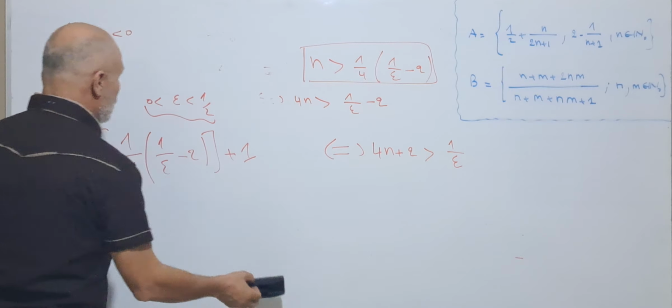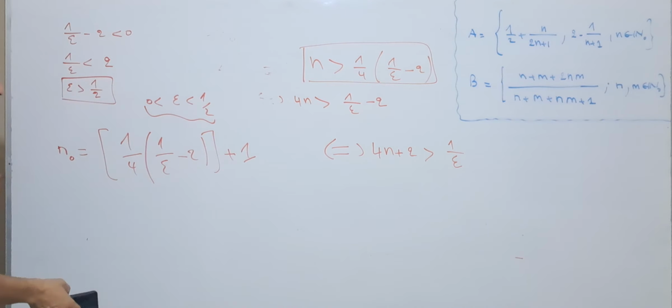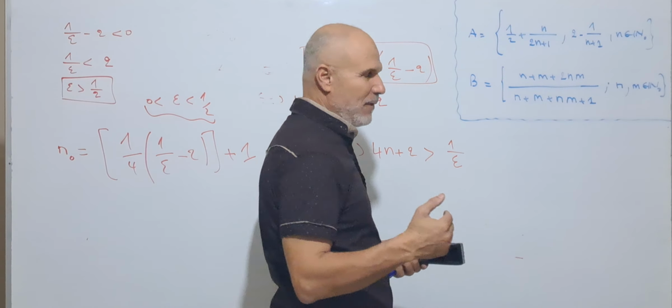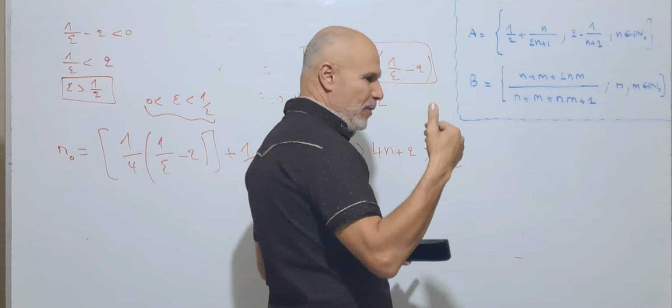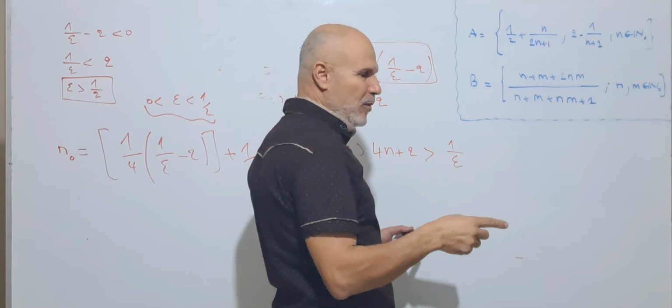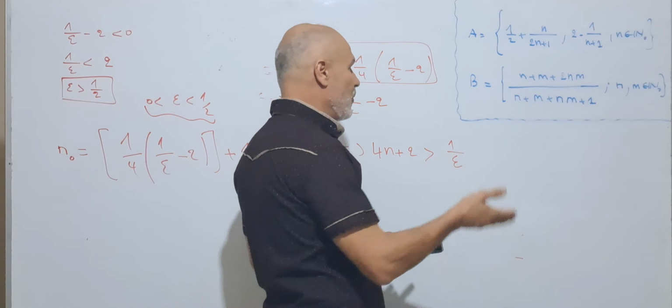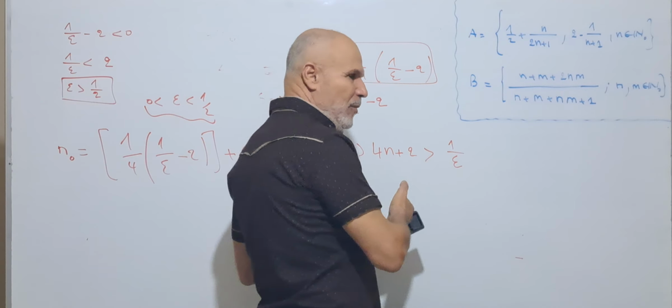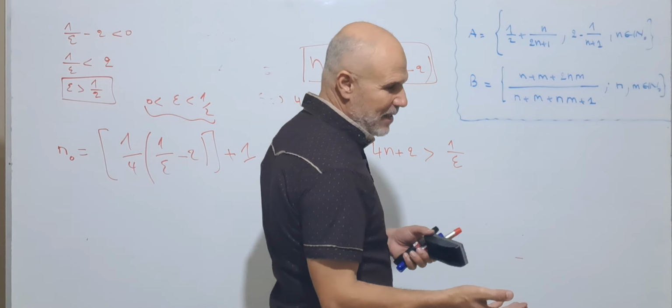To find the supremum of A, we find the supremum of A1 and the supremum of A2. Then, since it is a union, the supremum of A is the maximum between the supremum of the first and the supremum of the second.